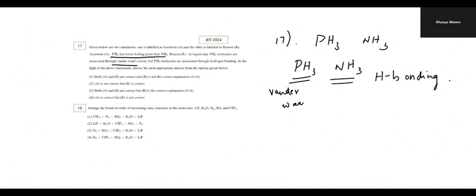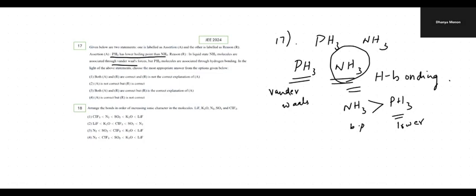Here they have hydrogen bonding because of the small size of nitrogen and its electronegativity also. Because of which definitely ammonia will have a higher boiling point than PH3. So that means A is correct, that is, PH3 has a lower boiling point. But the reason is not correct because here ammonia is having hydrogen bonding, right?